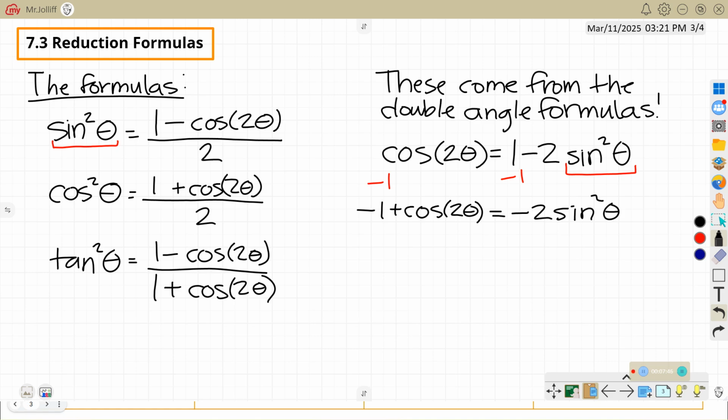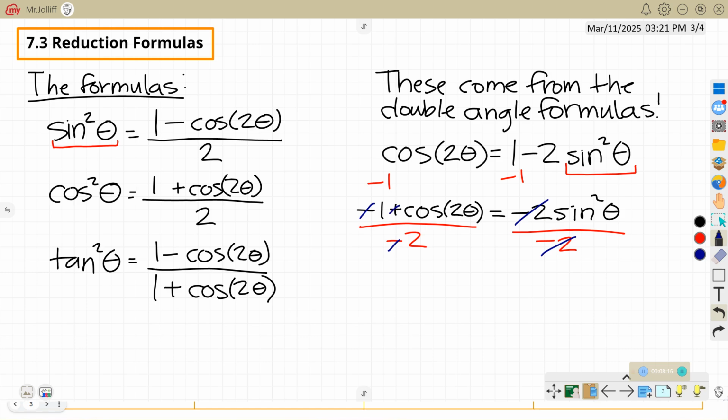Very good. Next step, Yaya says, let's divide by negative 2. On the right side, that fixes the problem. Sine squared's by itself. On the other side, I want the 2 on bottom. I don't want the minus sign. So this is going to change that to a positive.